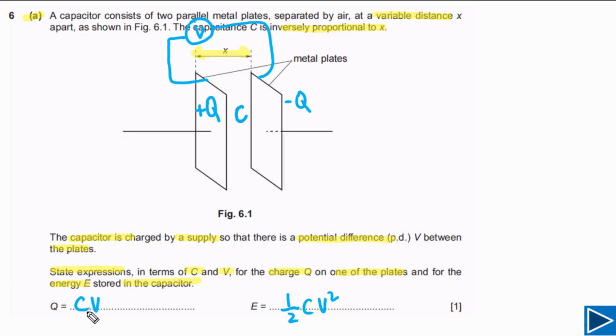So when we write down Q is equal to CV, we are talking about the magnitude of charge on one plate. So this is a very important point. You have to be very clear. If we talk about the net charge on these two plates, this is equal to 0. Also you need to understand, a capacitor is not used to store charge, because the net charge on these two plates is equal to 0.